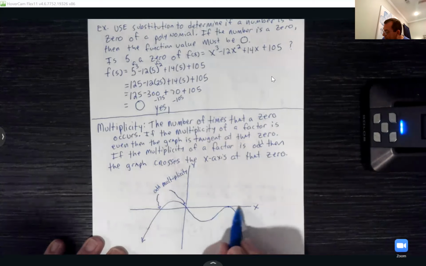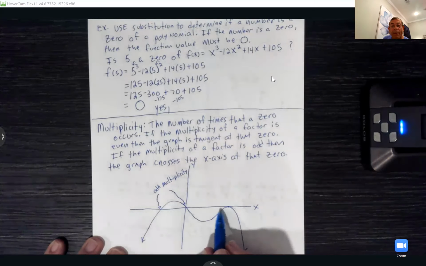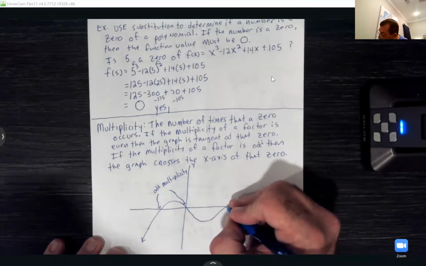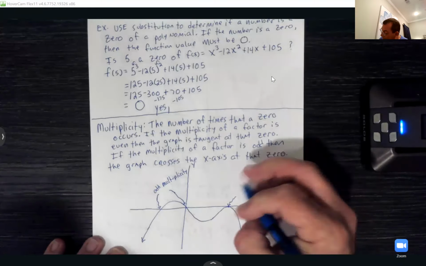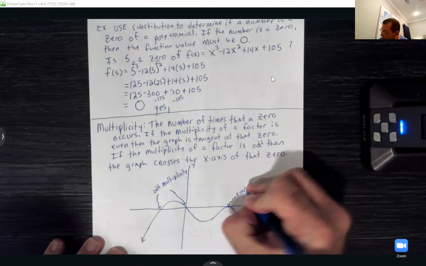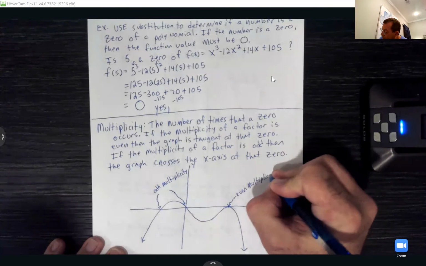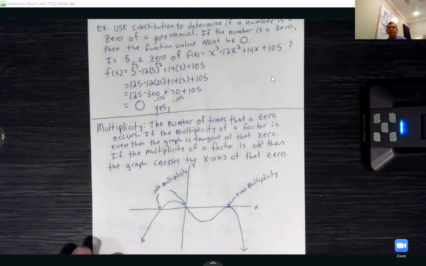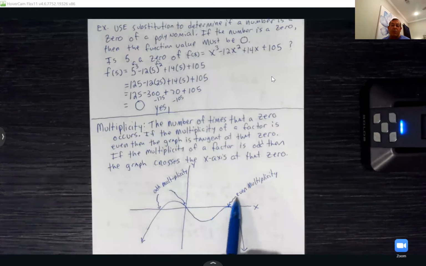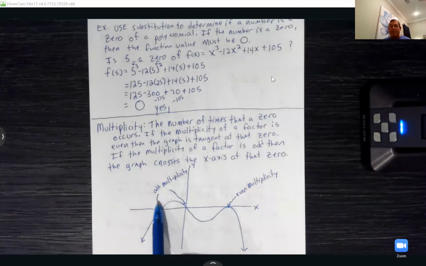We say that this is tangent. So right here, to get this point, I would have had my even multiplicity. So remember, even multiplicities touch that x-axis and they turn back. They do not cross over it, only if it's got an odd multiplicity.